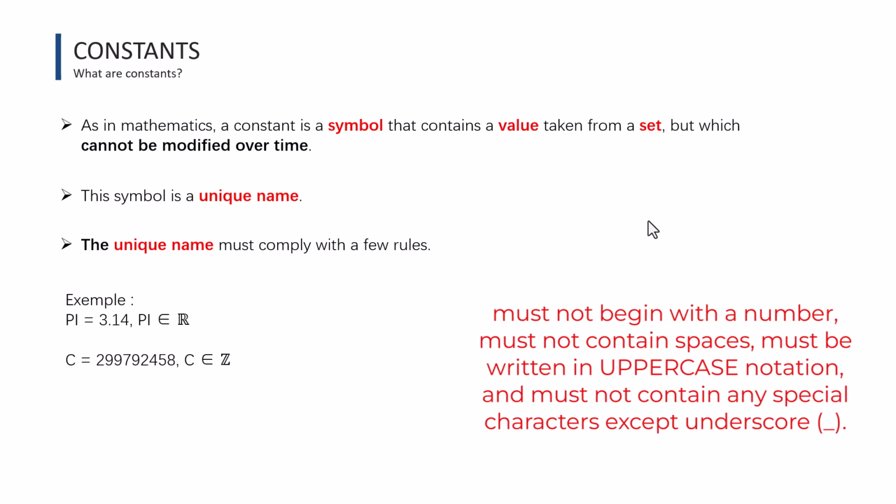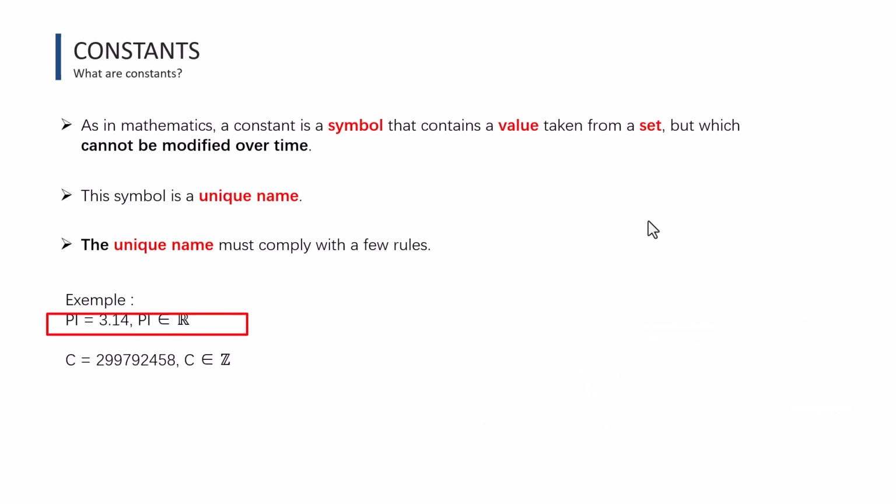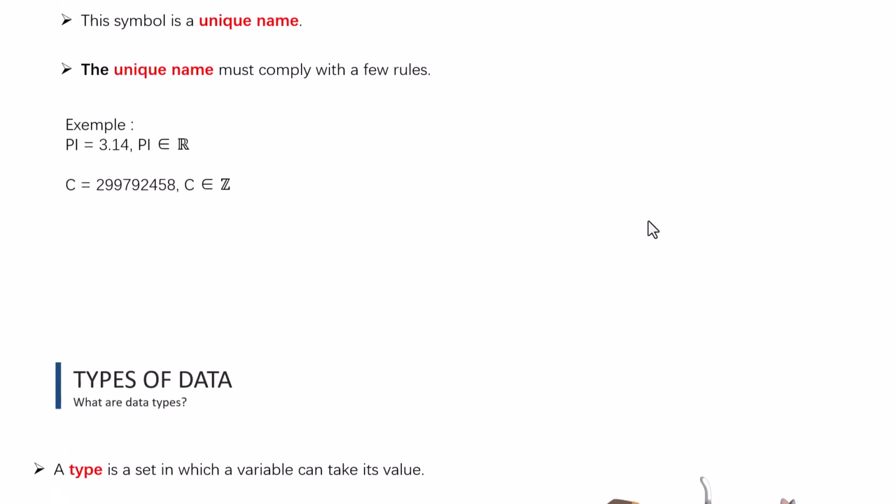To take some examples, you have the pi number, which equals 3.14, and pi is taken inside the set of real numbers. And we have another constant, c, that has a value taken inside the set of the relative numbers.